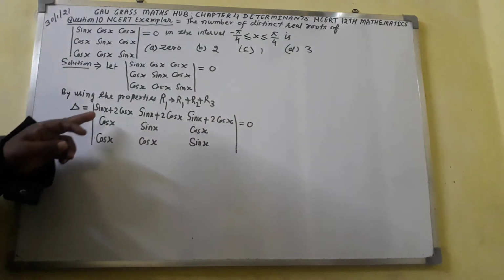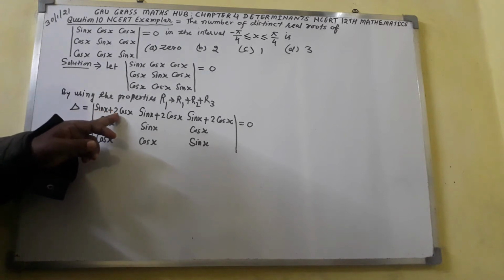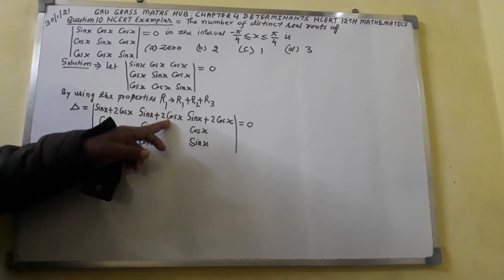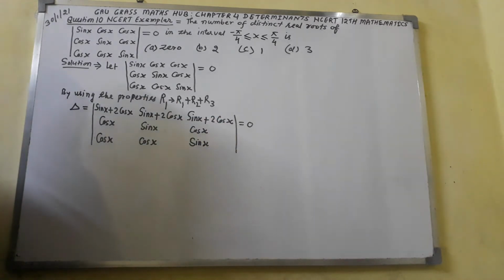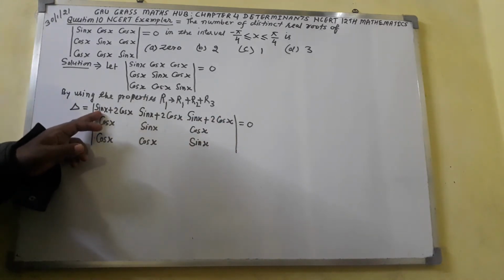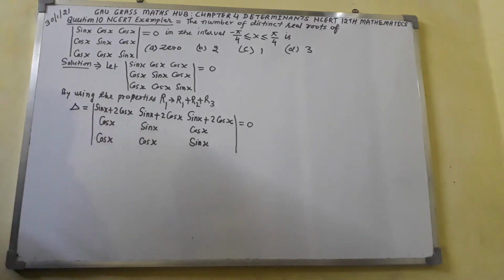Here you can see in the first row sin x plus 2 cos x, sin x plus 2 cos x, sin x plus 2 cos x. You can take sin x plus 2 cos x as common from the first row.